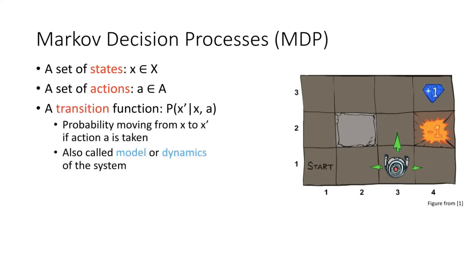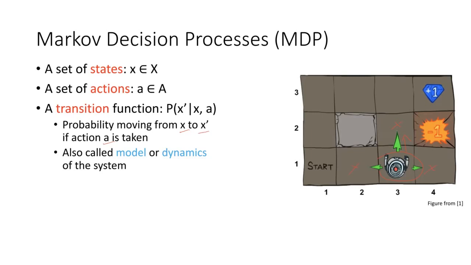And there is a transition function. This is represented as a probability. So P of x prime given x and a is essentially the probability of moving from the state x to state x prime if the action a is taken. If the agent is here, and the action go forward is taken, then the probability of reaching this particular state is 0.8, reaching this one is 0.1, and reaching this one is 0.1.